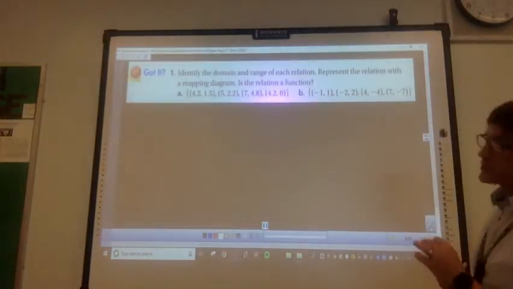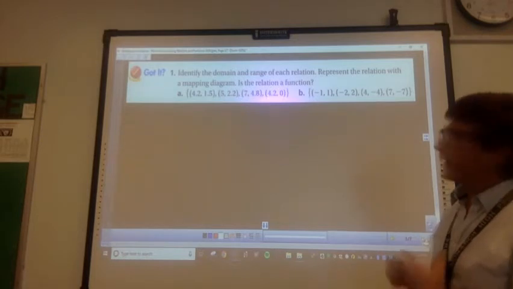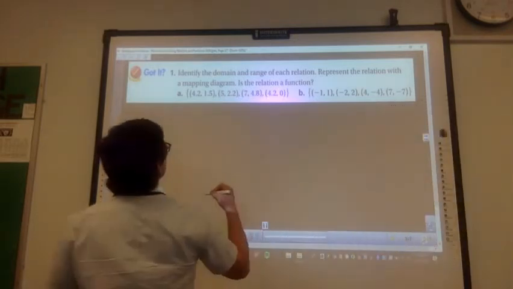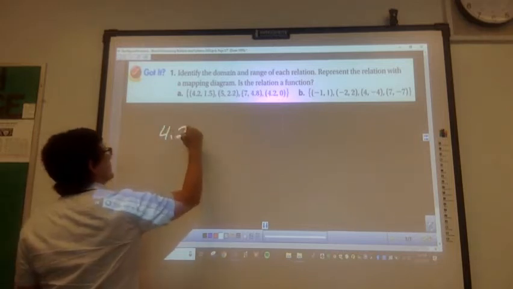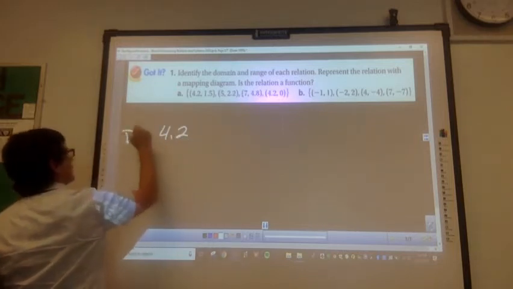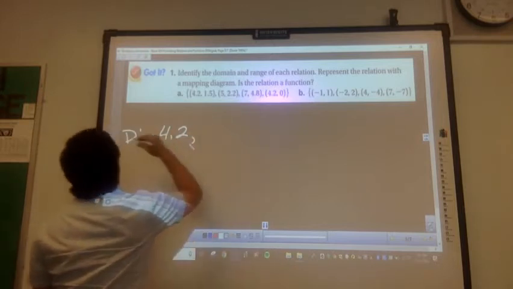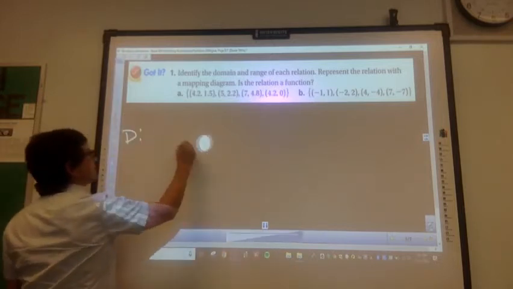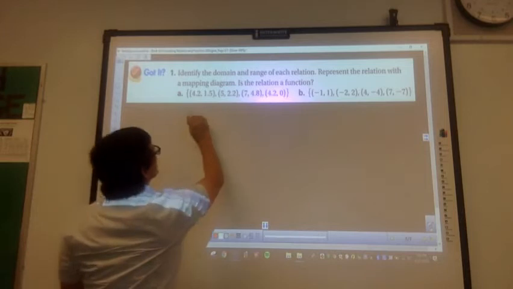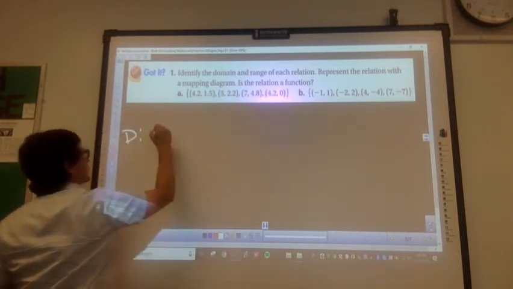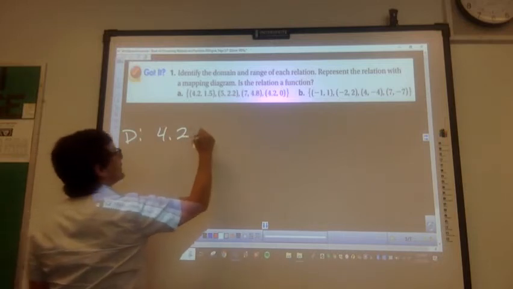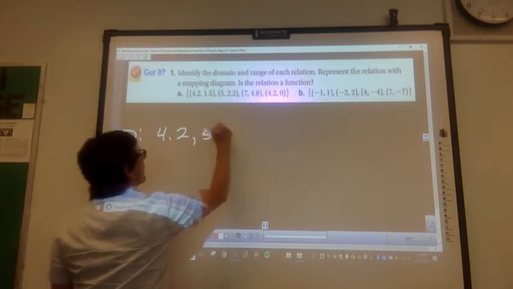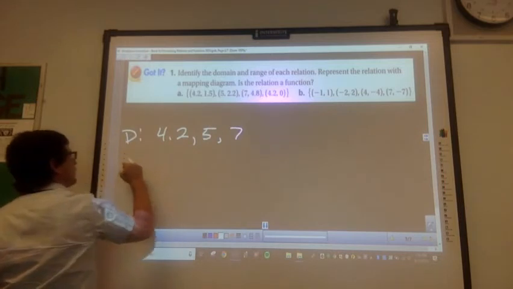So we're just going to list domain and range and do another mapping diagram just to help you guys out here. So I've got 4.2. We're doing domain here. We're supposed to go least to greatest. Smallest, actually it was 4.2. So the 4.2 repeats, we're only going to write it once. Then 5 and 7.